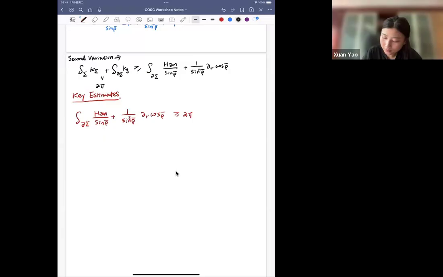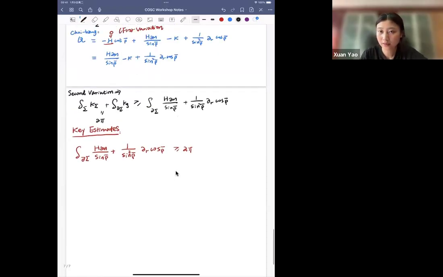If the right hand side is greater or equal than 2 pi, you can prove that everything you threw out must be 0, which includes the second fundamental form of sigma and also other terms. You can actually prove that the sigma is infinitesimally rigid.